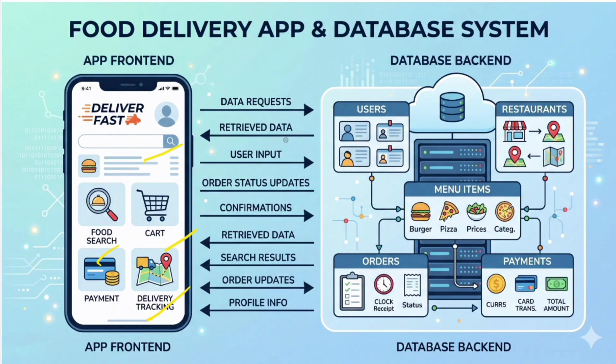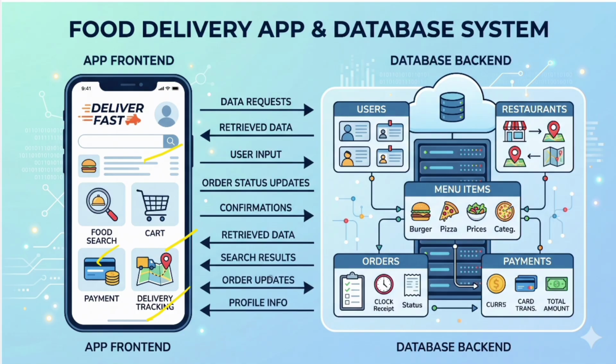When the user adds food to the cart, the app prepares the order information. The user makes the payment. After that, the app prepares the order information for sending it to the restaurant. When the order is being prepared or delivered, the status is updated in the database.